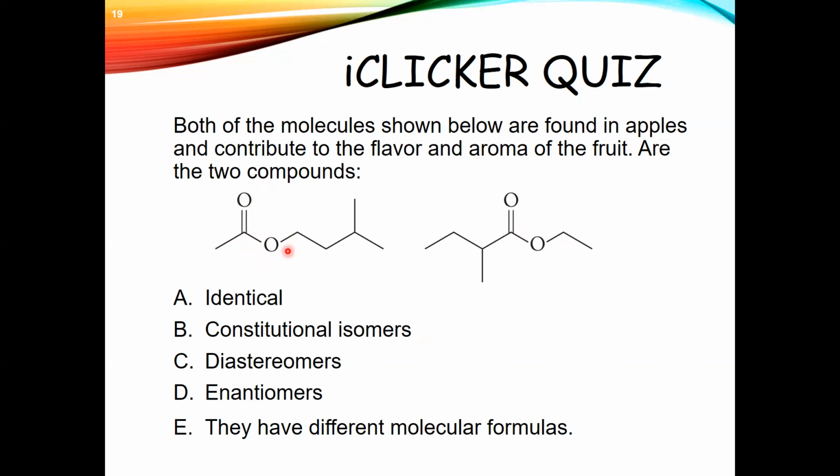Let's find this same structure if we can in the other molecule. So we have a double bonded oxygen and single bonded oxygen on the right, but this time on the left, we have this long chain. So the chain looks different in these two molecules. So these are going to be isomers for sure, but since the atoms are attached in different places, that's going to tell us they're constitutional isomers.